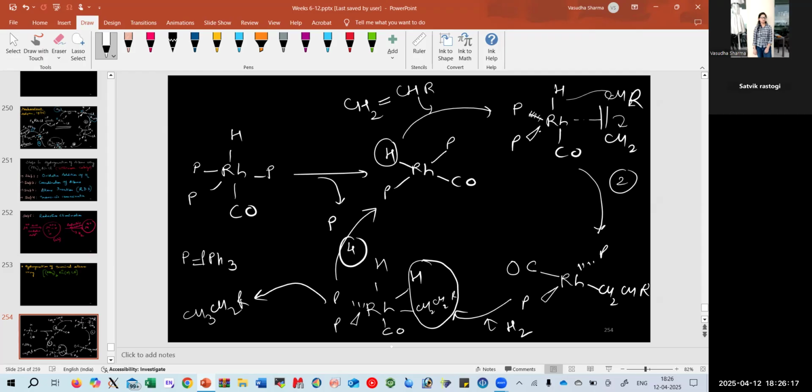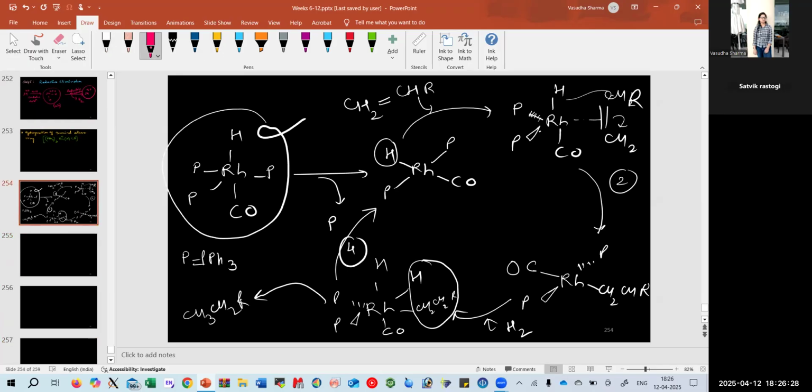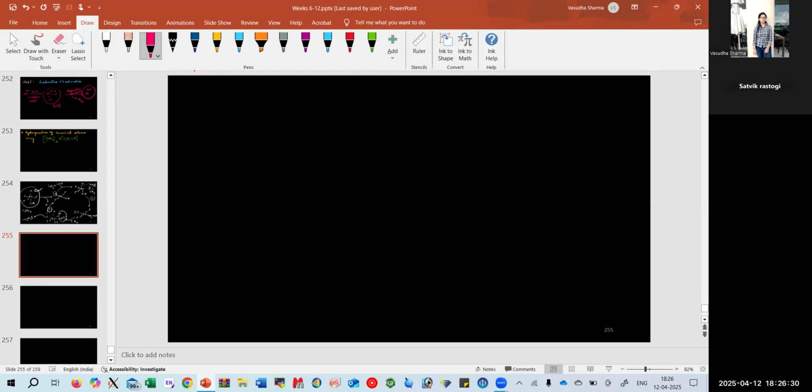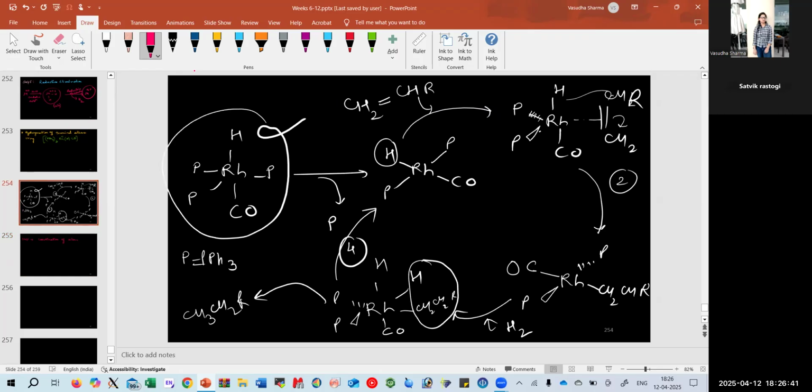So this is a different mechanism if you are starting with a metal hydride catalyst itself. So here, what would be your steps? Your step number one was the coordination of the alkene. In the case of the metal hydride catalyst itself, this is the first step.